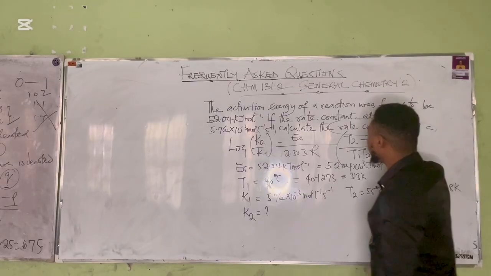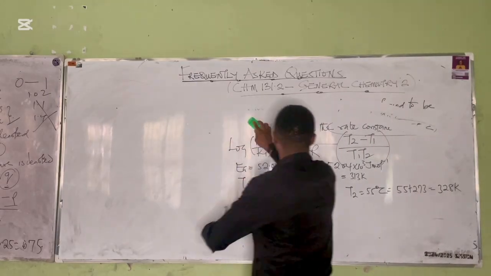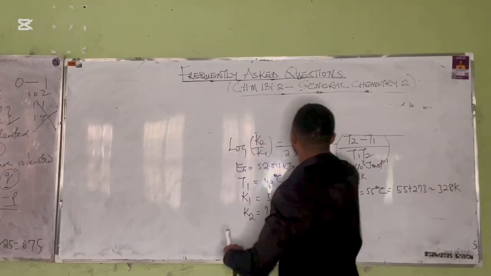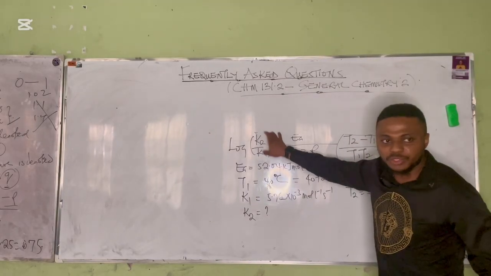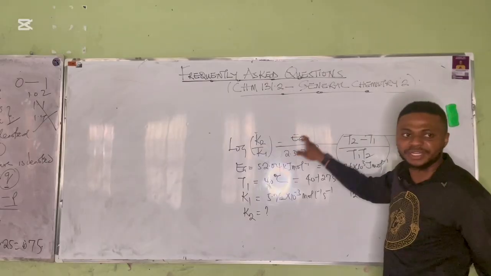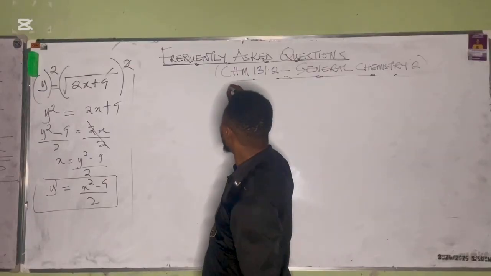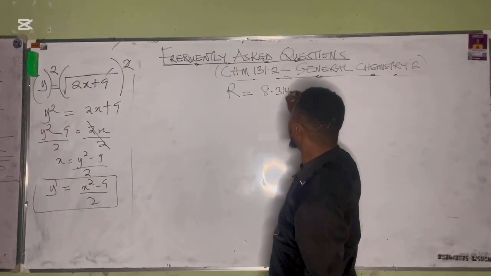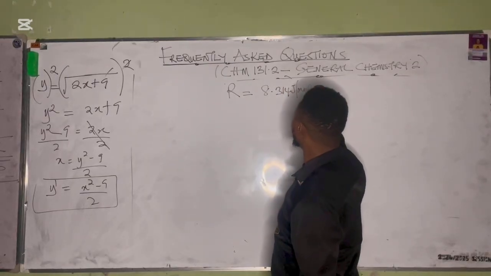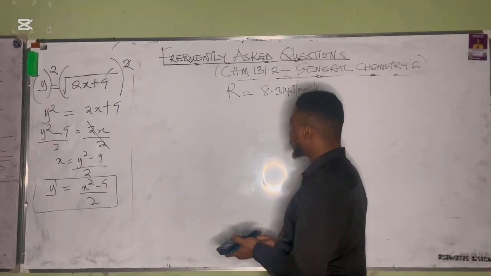Now quickly, we have to select the formula that will enable us to find K2. This is the formula: log K2 over K1 equals Ea over 2.303 times R, where R is 8.314 joules per mole per Kelvin, times (T2 minus T1) over T1 T2.